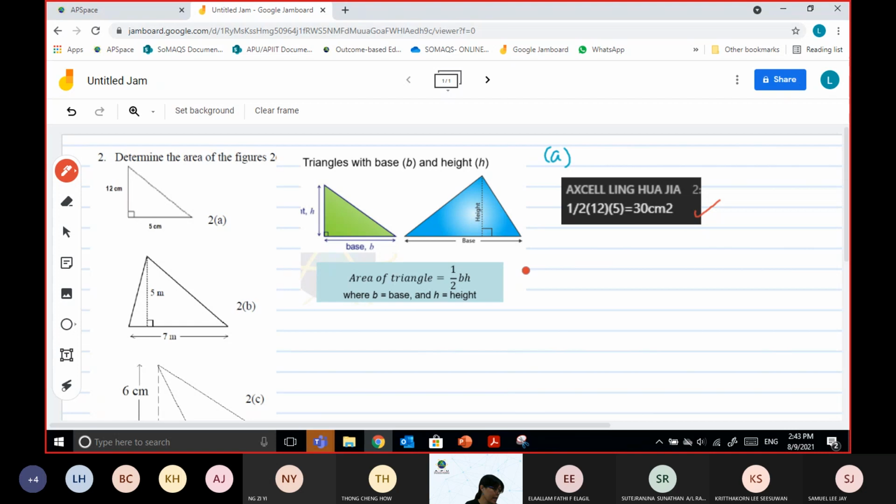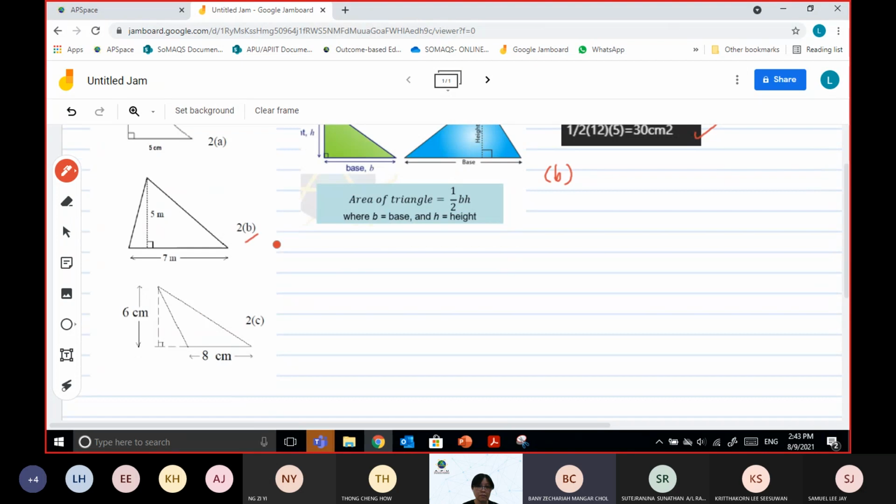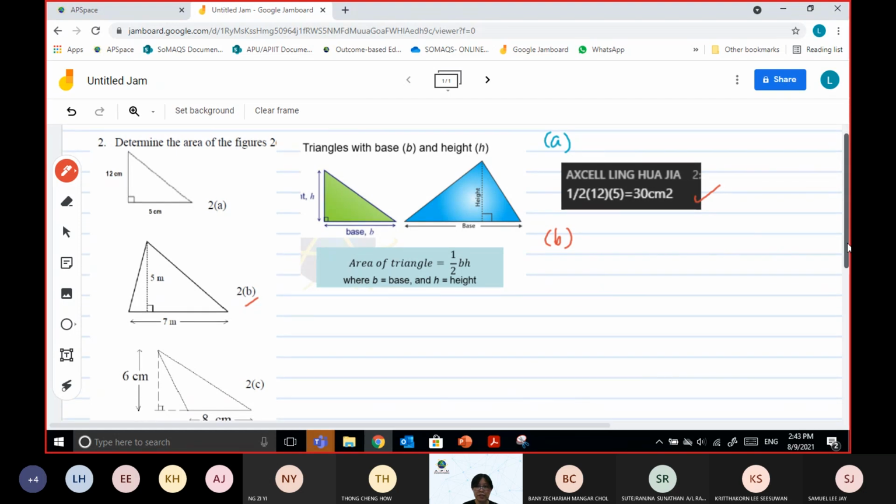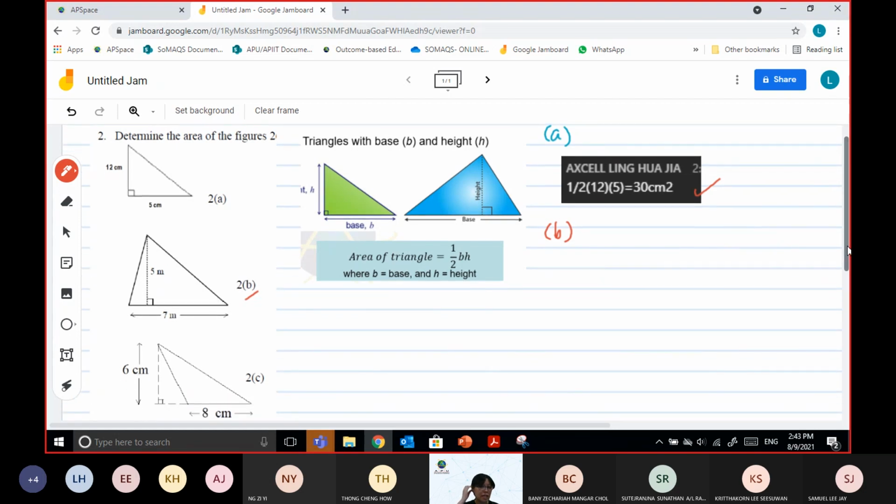Okay, correct. Then how about part B? Benny, for question 2B? I'm typing. Okay. Then for question 2C, 2C looks a bit different from the formulas given, but actually we can also solve it using the same formula.